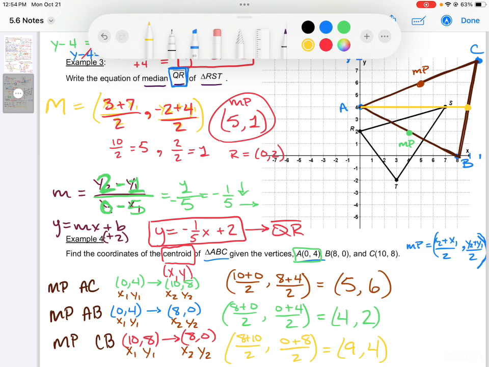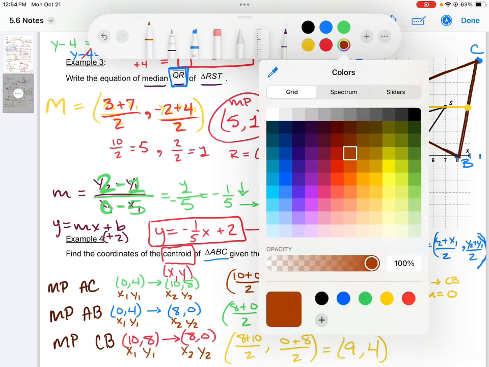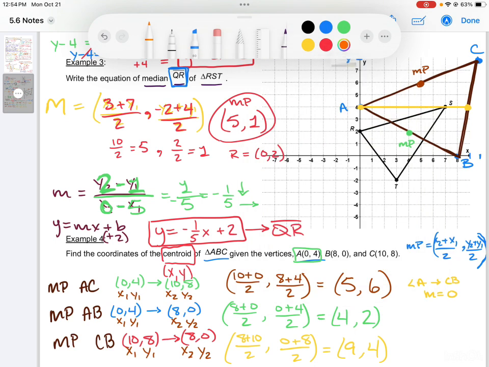And if you look, the slope of that line, all right, we'll call it angle A to CB, the slope is 0. How do you know the slope is 0? Well, it's a perfectly flat line. Look, they go from 4 to 4. So you have no rise, and that means your slope is nothing, okay?